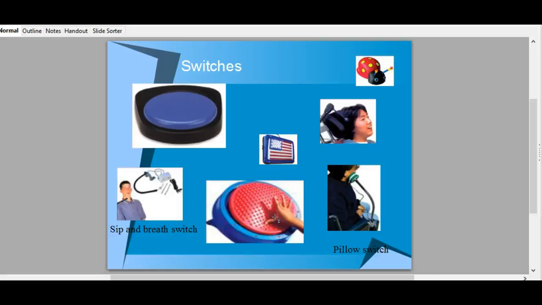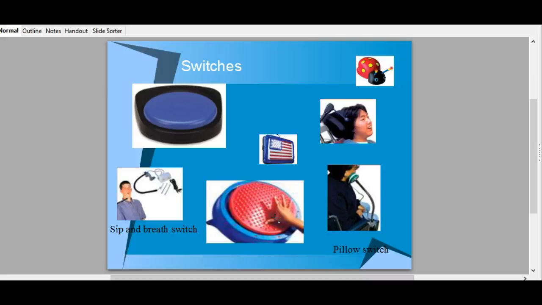People with mobility issues use lots of switches, from a simple Big Mac, which is the blue switch, to a sip and breath switch, if that's the only thing you can move on your body. If that's your breath or kind of sucking motion, then that can be your switch.